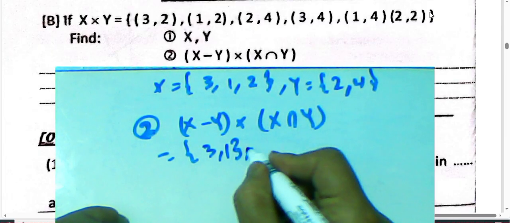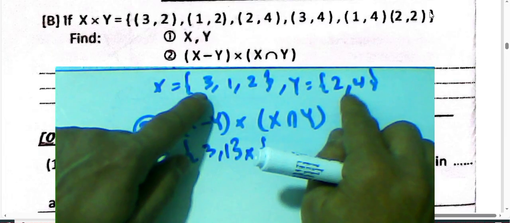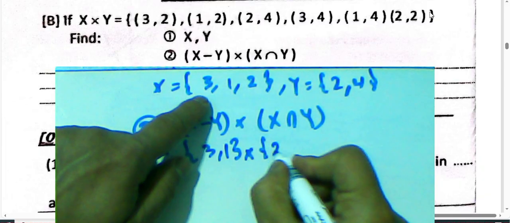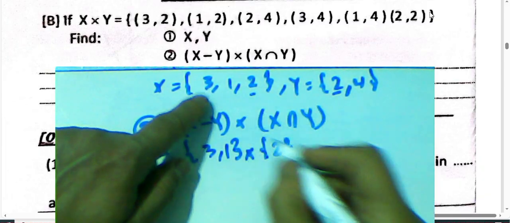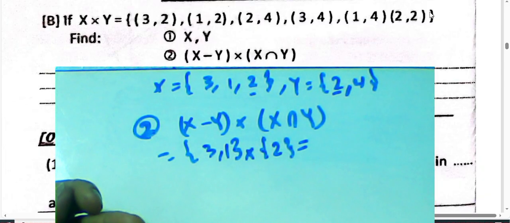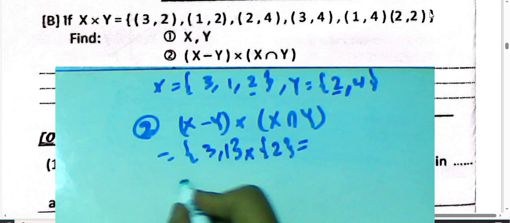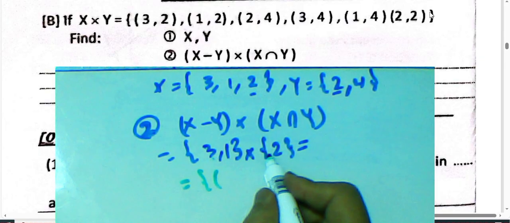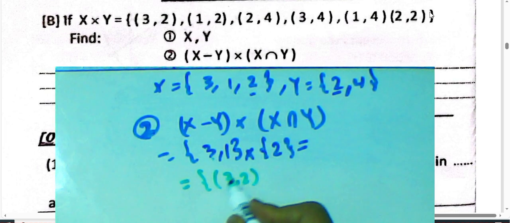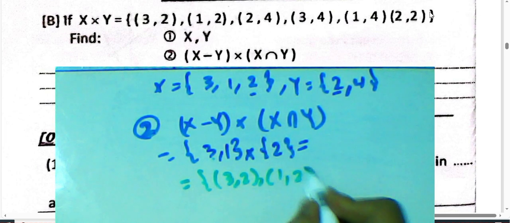Okay. The intersection between x and y will be 2. Then we can find the Cartesian product between the two sets. The first ordered pair 3 and 2, and second 1 and 2.